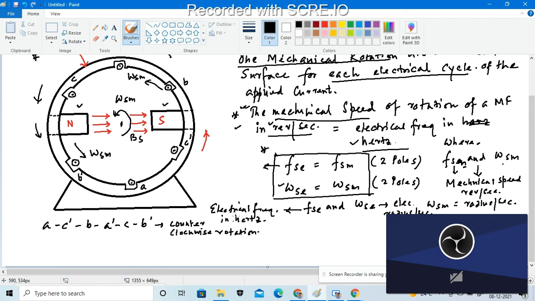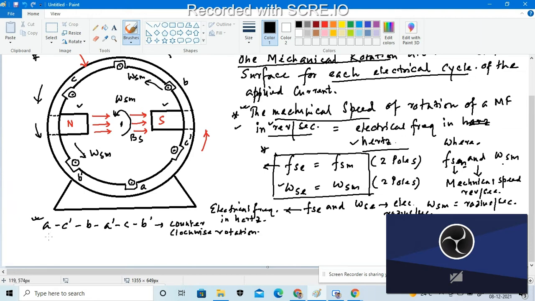Okay, so what would happen now? The question that will arise: what would happen in the stator if this pattern was repeated twice within it? After this counterclockwise rotation, our rotation follows this pattern.